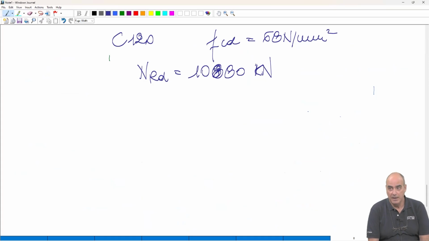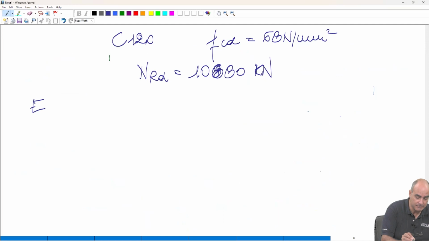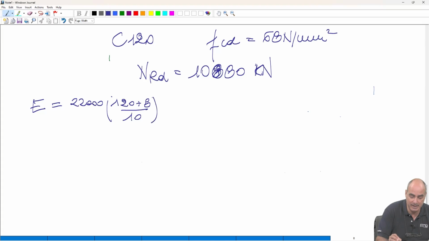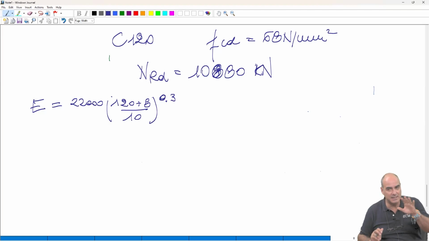Okay? But what will be of the buckling load? What will be of E? Well, E will be 22 times (120 plus 8) divided by 10, to the 0.3. Accept that this formula is still valid. It can be, it cannot be, but don't matter now. Yeah, it's generally a fixed parameter.